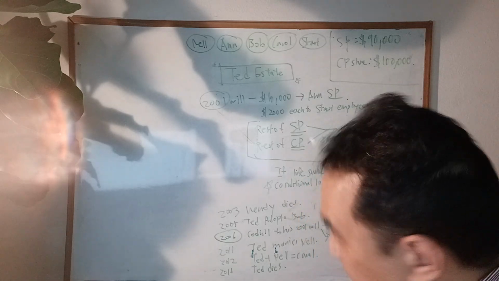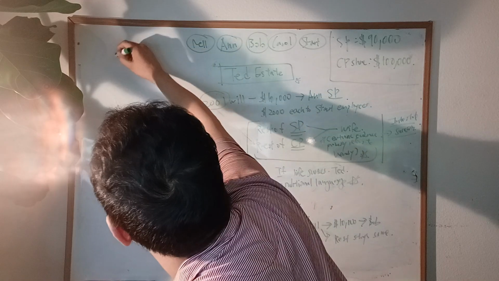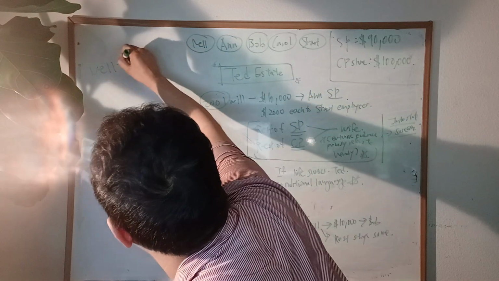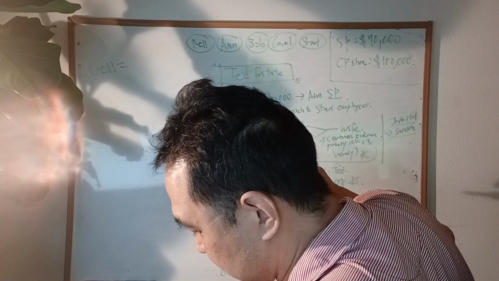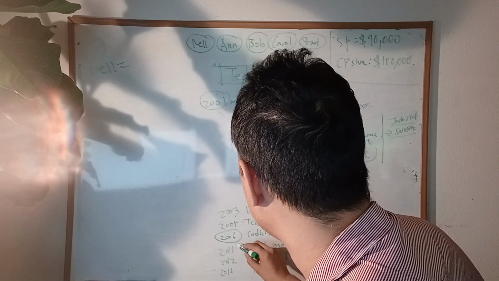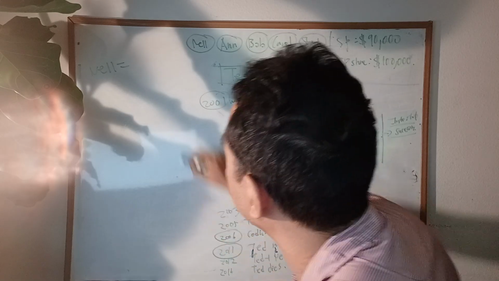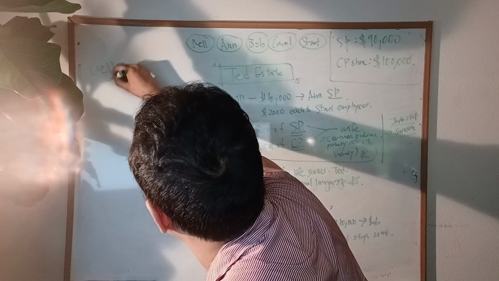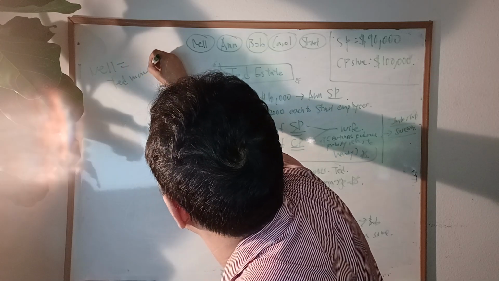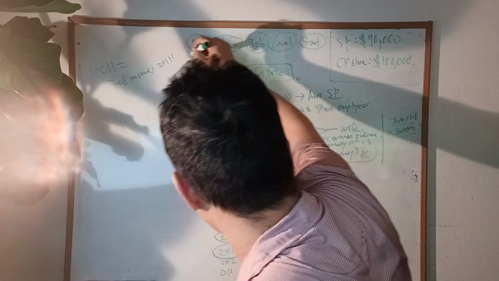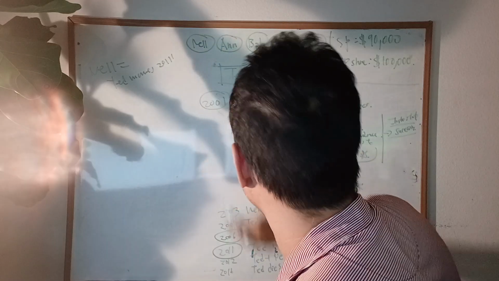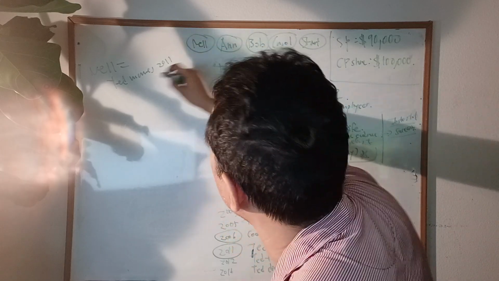All right. So the first person, Nell. Let's write Nell here. And Nell is someone that Ted married in 2011, not 2001.